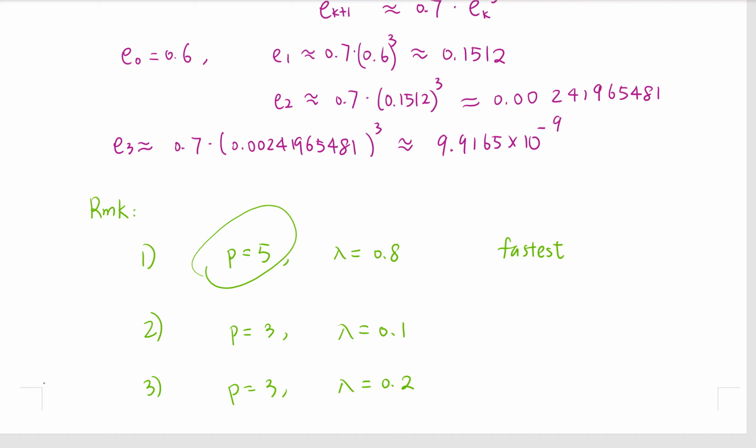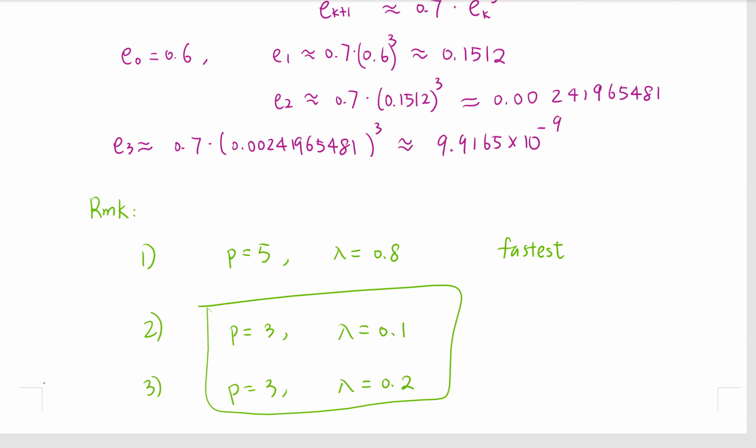So if the orders are different, whoever has the bigger order converges the fastest. And if the orders are the same, whoever's constant is smaller converges faster.